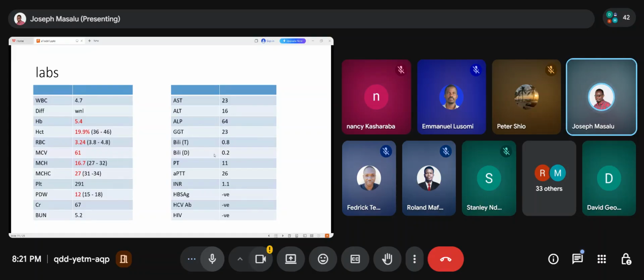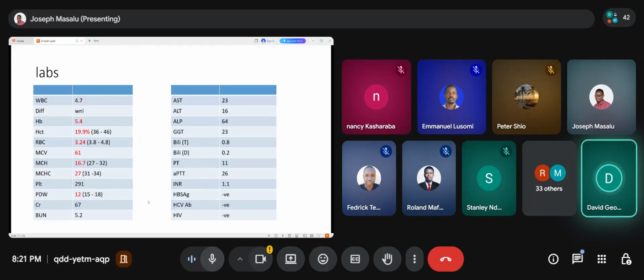I saw the PDW and I looked it up. It's platelet distribution width. I have seen some CBCs with that, but I've never checked what the platelet distribution width tells us. What I consider mostly is the red cell distribution width.